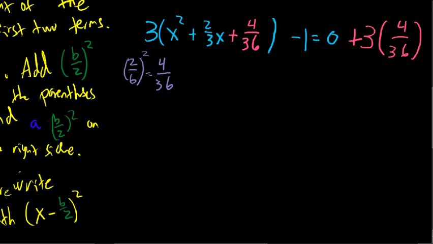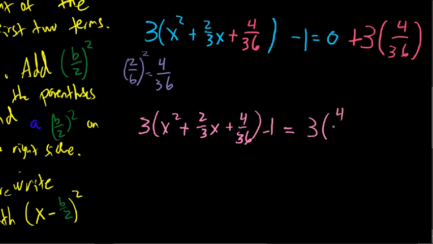So what we're doing here, let's move things down. 3 times x squared plus 2/3 x. The basic idea is if you saw in vertex form, we have that (x minus alpha) squared.